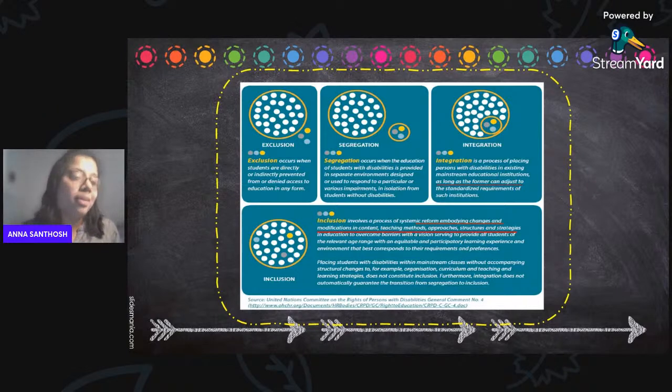So we cannot say it is full inclusion, because here the student has to adjust, not the surrounding environment, whether it is the curriculum, the teaching strategies, or the lesson plans. Nothing changes. The students have to adjust themselves. They can sit in the class, but they will not get the full learning that their peer groups are getting.